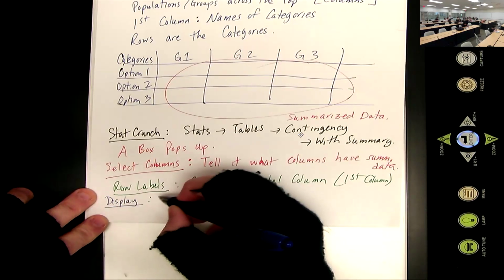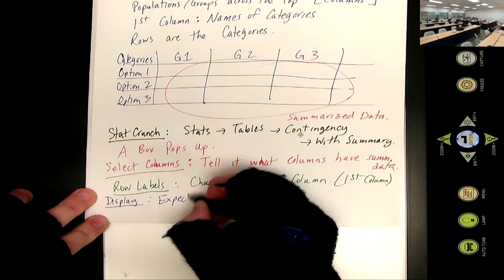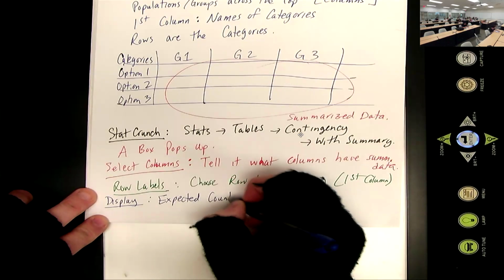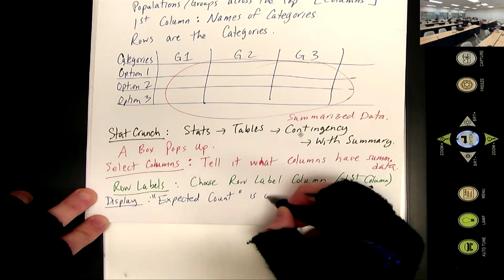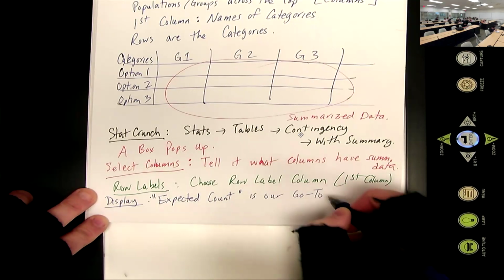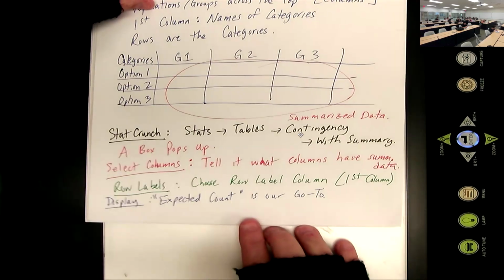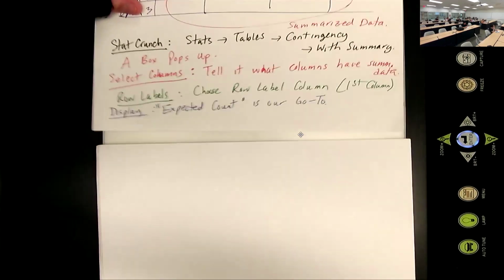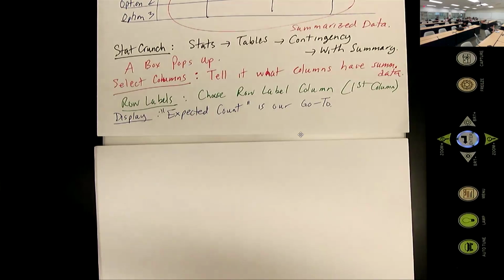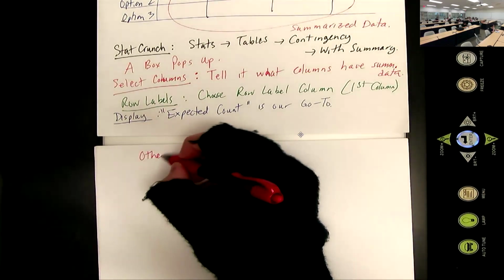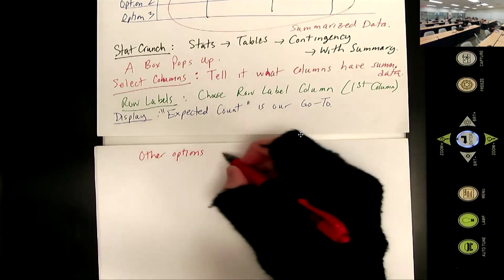Expected count will be our go-to, but there are some other options for display, which can be more helpful depending on what you need.